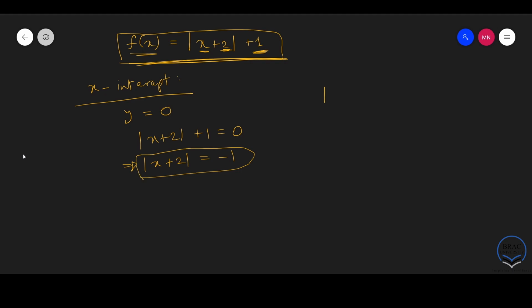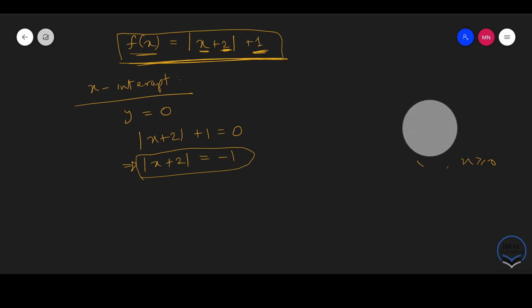We know that the absolute value of some number, if x is greater than or equal to 0, cannot give us something negative, right? If I take the absolute value of minus 2, or the absolute value of 2, I can never get something negative, right? This is not possible. So whenever I take the absolute value of something, I get something that is non-negative, right?